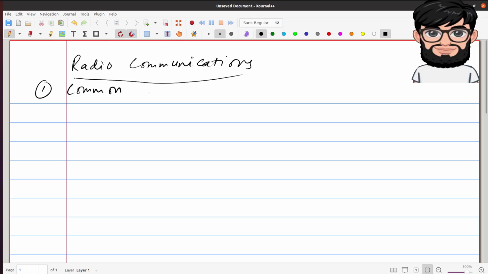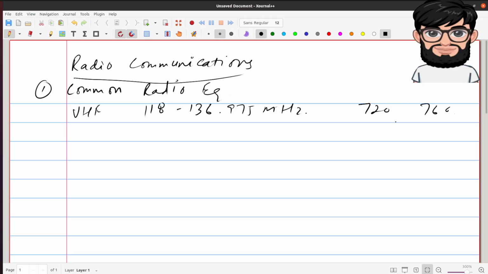So the common radio equipment is basically going to be the VHF, which is the very high frequency, and the range is 118 to 136.975 megahertz, and they are sometimes classified as 720 or 760 depending on the number of channels they have.